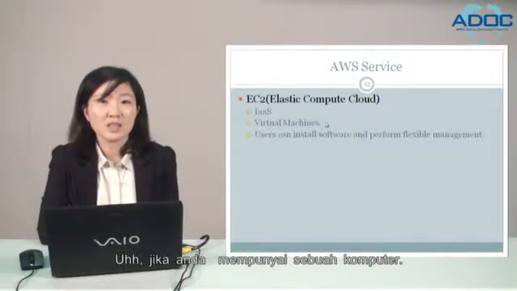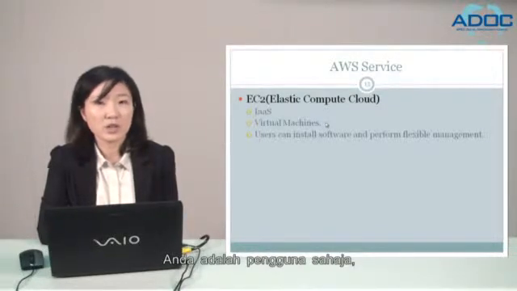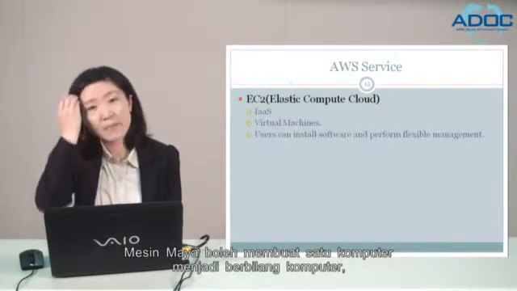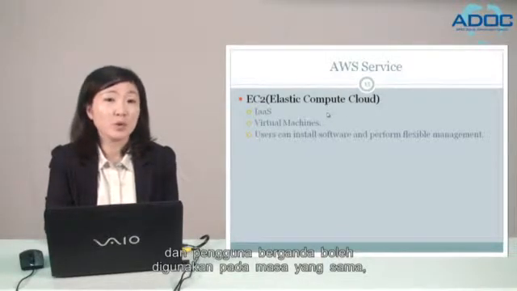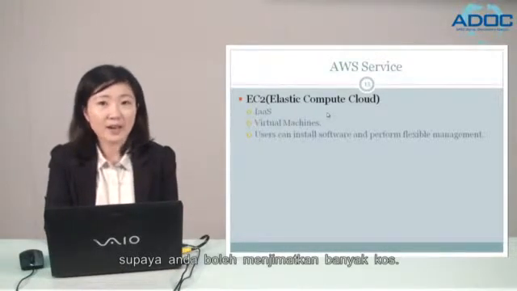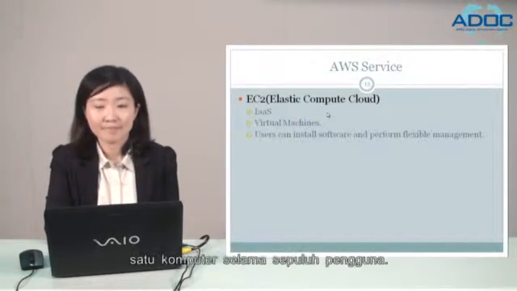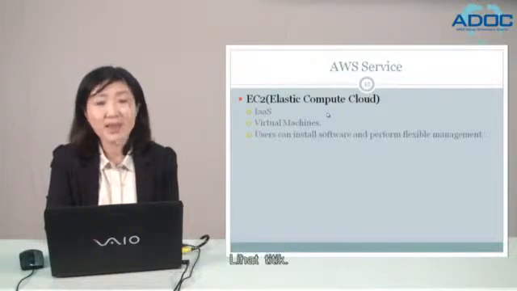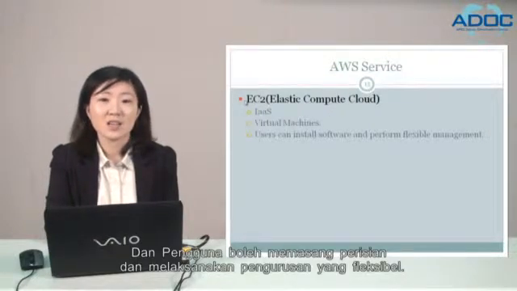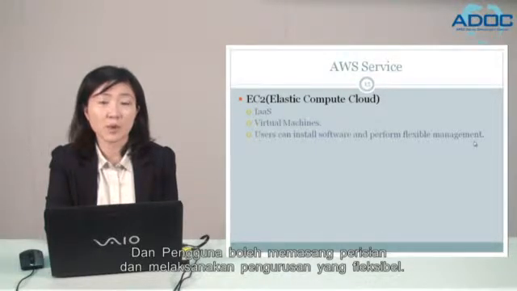Actually, if you have a computer, you are the only user. But virtual machines can make one computer become multiple computers, and multiple users can use the computer at the same time. So it can save a lot of cost. One computer for 10 users, but not 10 computers for 10 users. See the point? And the user can install software and perform flexible management.